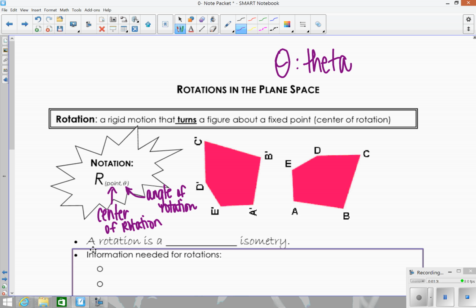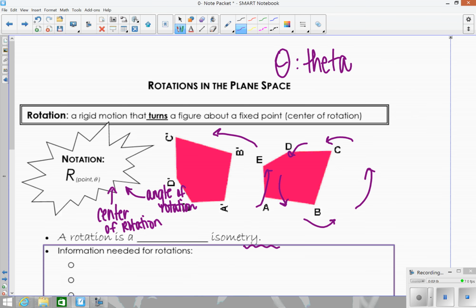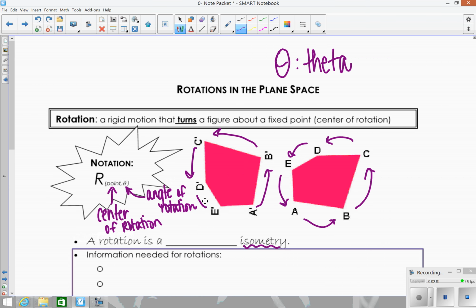So the next thing here says a rotation is a blank isometry. Remember, isometry is the same thing as a rigid motion, so it keeps the same shape and size. So the blank here is supposed to represent, is it a direct or an opposite isometry? Remember, the difference is the orientation of the letters. If I look at my original here and I put arrows in alphabetical order, and then I go to the image, A prime to B prime, B prime to C prime, and just go around in alphabetical order that way, see how the arrows are going in the same direction?